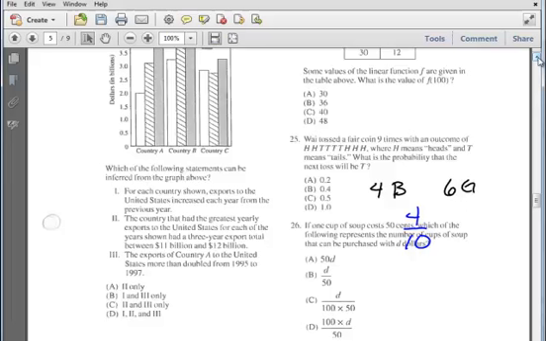Now, if you put the marble back in the bag, what's the probability of drawing another blue? It's still going to be 4 out of 10. If you didn't put the marble back in the bag, now what's the probability? 3 out of 9, yeah. Because you've lost one of the blue marbles and you've lost one in your sample space. So that makes them dependent because one depends on what happened the first time.